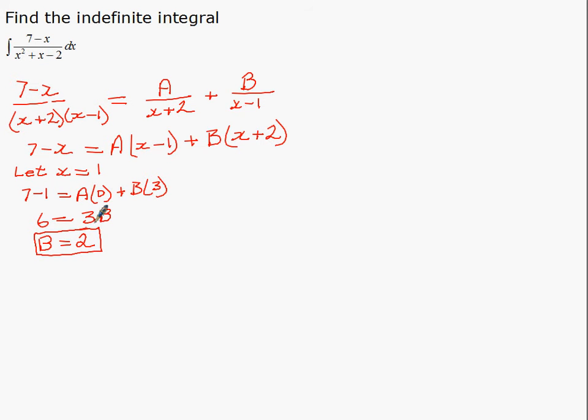Now we just have to find A, and to do that we're going to do the same. We're going to let x equal, now we want this term to disappear or to be 0, so that takes a negative 2.